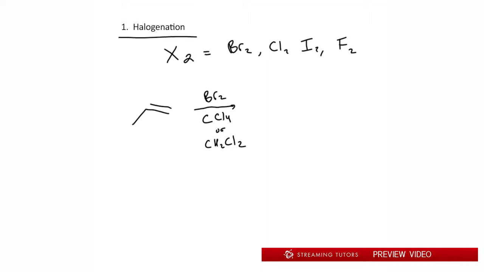The way this happens is it's an anti-only addition, and the signature for all anti-only is that you make a triangle intermediate. You do not make a carbocation. So one thing to note about all anti-additions, let me actually put this on the page: all anti-additions make a triangle like that.